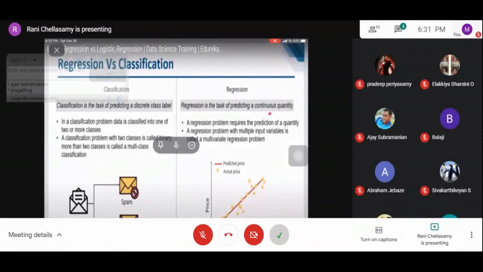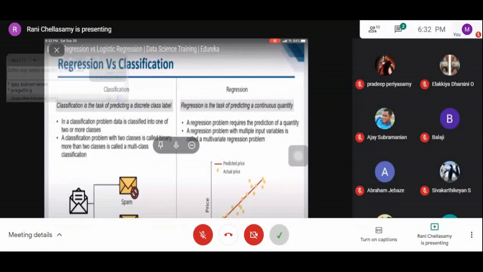So classification predicts the class label, and regression predicts the continuous quantity. In a classification problem, the data will be classified into two or more classes. We can divide classification problems into two kinds: binary classification and multi-class classification.